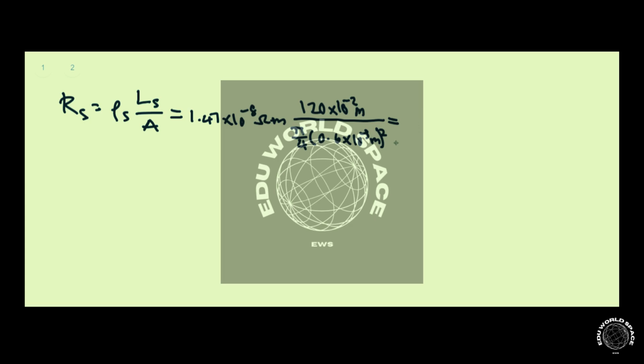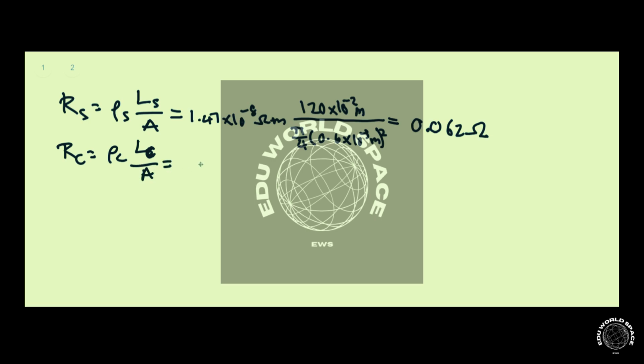So for this number, I have 0.062 ohms. And now we perform a similar thing to find the resistance of the copper segment.